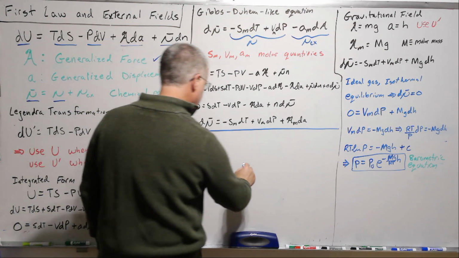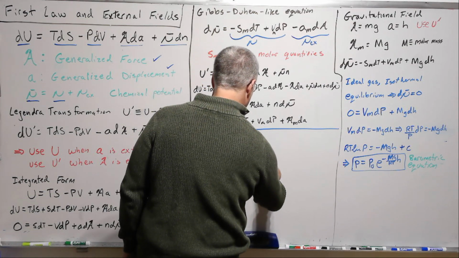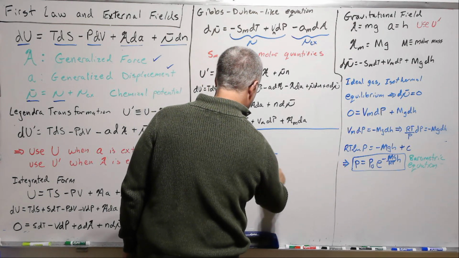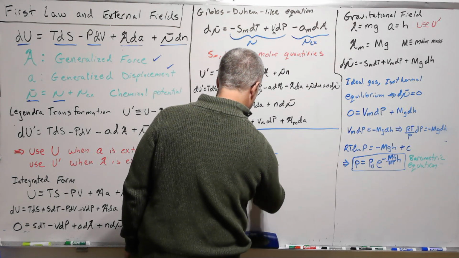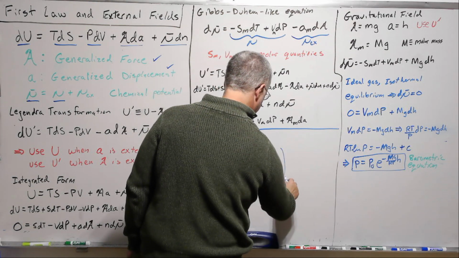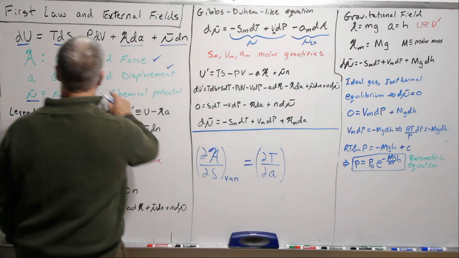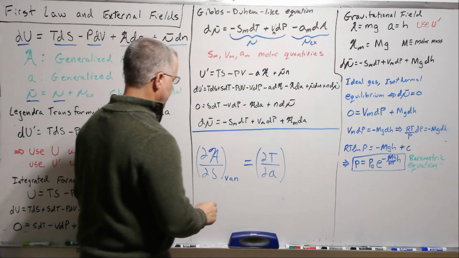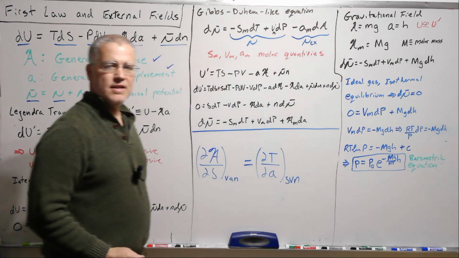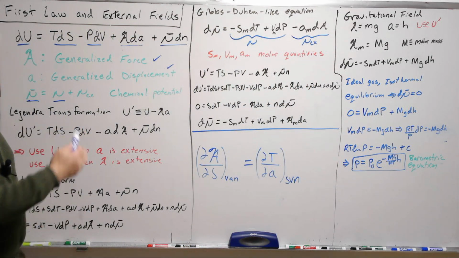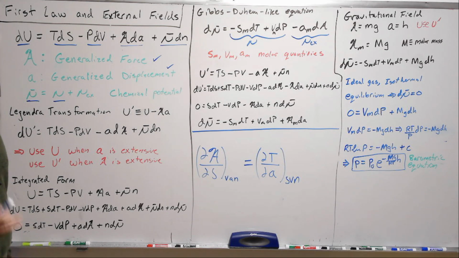So this will be equal to partial T, partial A, and then everything else will be constant: S, V, and N.